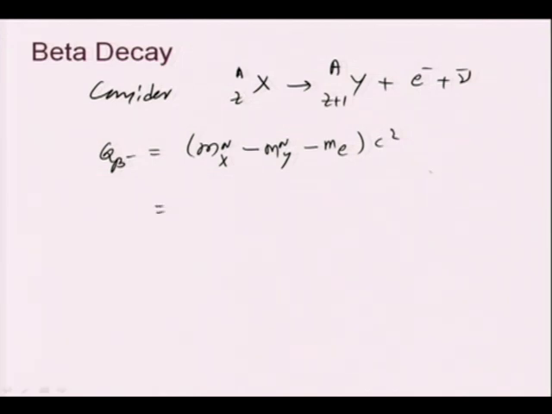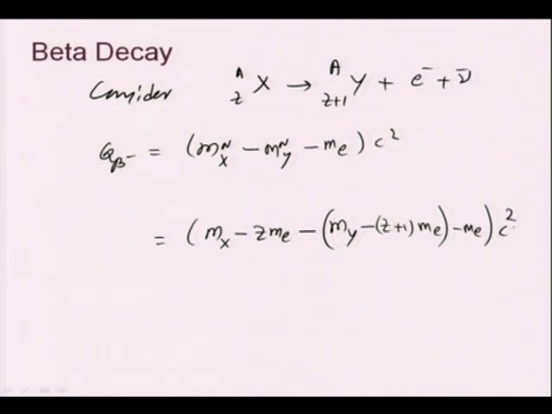If I want to write it in terms of the atomic masses, it will be m x, the atomic mass, minus Z m e, since X has Z protons in it, therefore Z electrons in the atom, minus, in brackets, m y, the atomic mass of the Y type of atom, minus Z plus 1 m e, since there are Z plus 1 protons in the atom, therefore Z plus 1 electrons in the atom, all times c square.